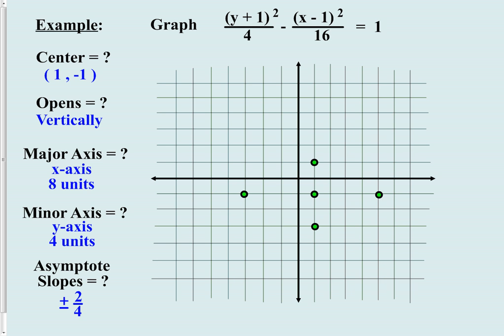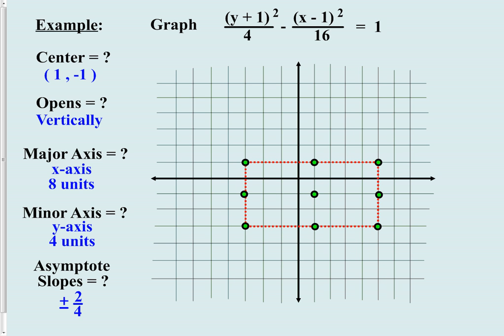So I'm going to go up 2 over 4, going right through the center point of our graph. And there's why I didn't reduce it, because it stepped very nicely on the north, south, east, and west points that we already have in the graph. Now I'm going to do the same coming across the negative slope, down 2 over 4. It looks like everything is graphing correctly because we are building a nice, neat box.